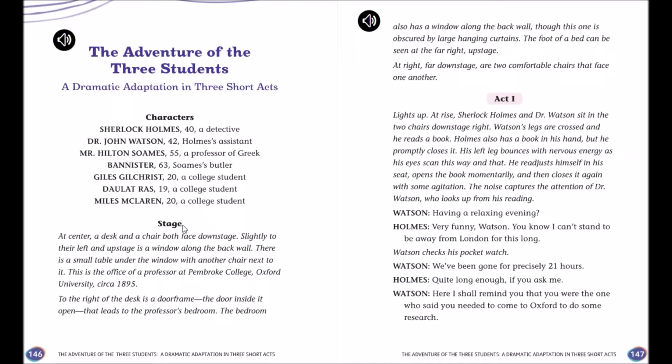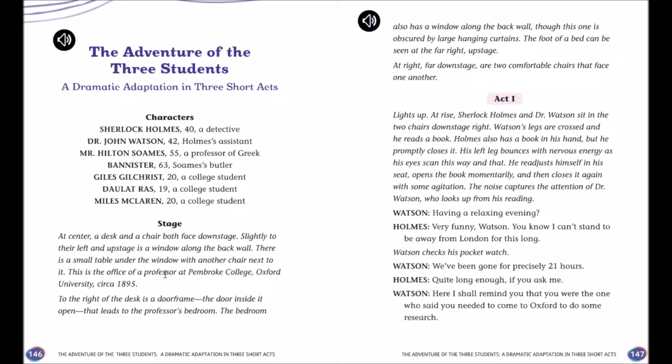Remember, this one is put in the form of a play, so there will be some stage directions, so I'll be reading those as well. Starting off with how the stage is set. At center, a desk and a chair both face downstage. Slightly to their left and upstage is a window along the back wall. There is a small table under the window with another chair next to it.